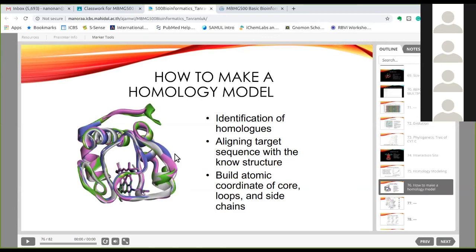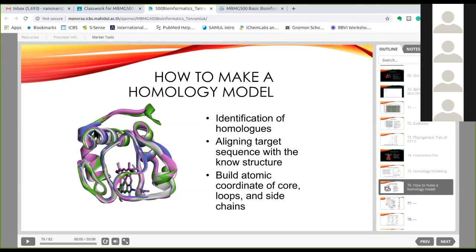And after you align the target sequence on the known structures, you can infer the main chain from them, and then build atomic coordinates of the core, the loops, and the side chains up.